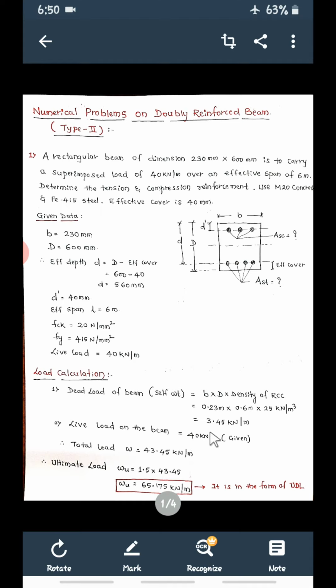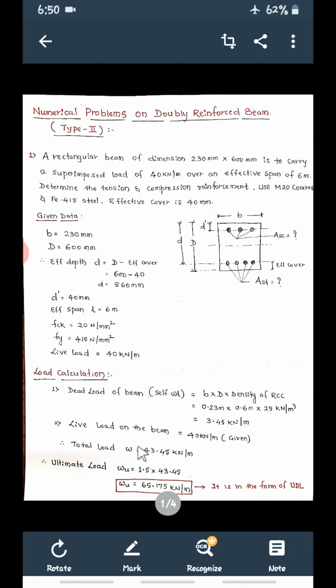The total dead load or self weight of the beam will be 3.45 kilonewton per meter. And live load is given as 40 kilonewton per meter. Add these two, then we get the total load in the form of UDL, small w. So total load is 40 plus 3.45, that is 43.45 kilonewton per meter.